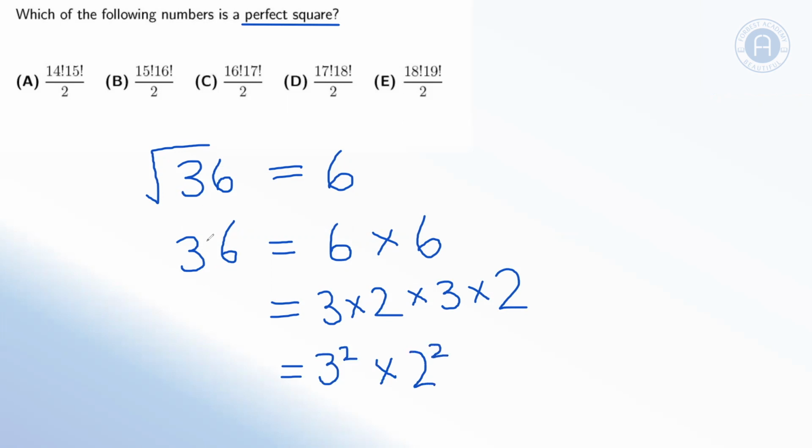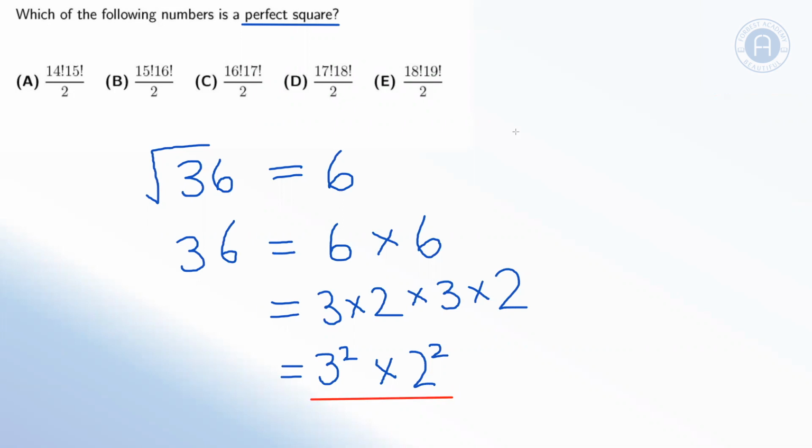So not only is 36 equal to 6 squared, it is also equal to 3 squared multiplied by 2 squared. And this is a fact we're going to be using today: if we have two squared numbers multiplied together, their product must also be a square number.